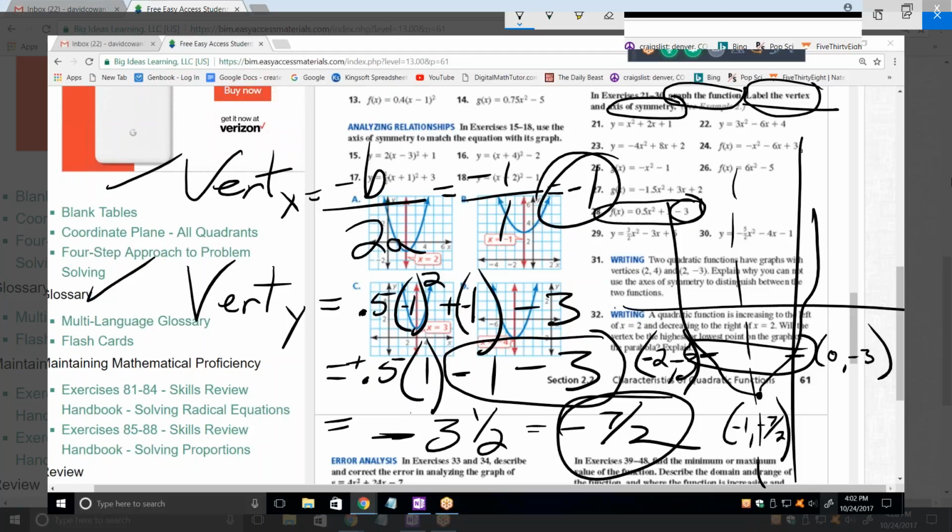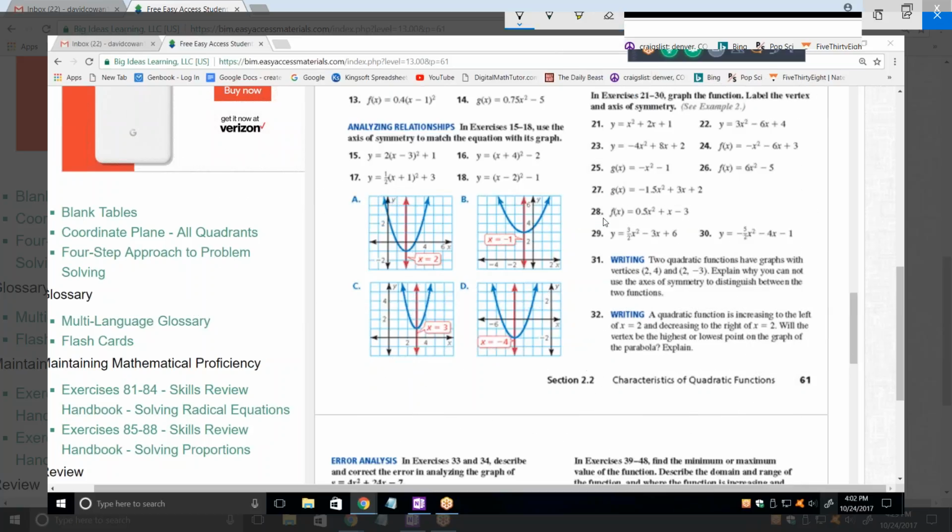Okay. What's next? Number 30. Now let's just do these all the same way. As long as they're going to give us each function in standard format, then this is always the best way to start.